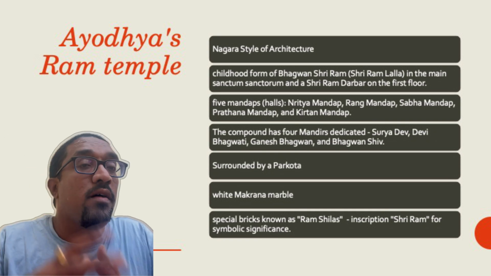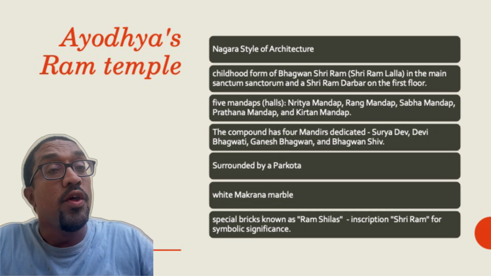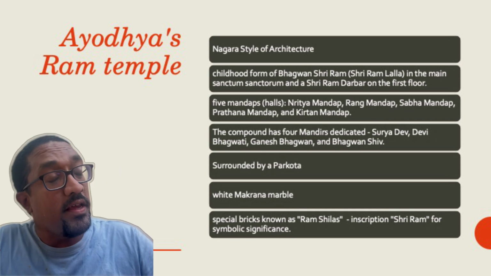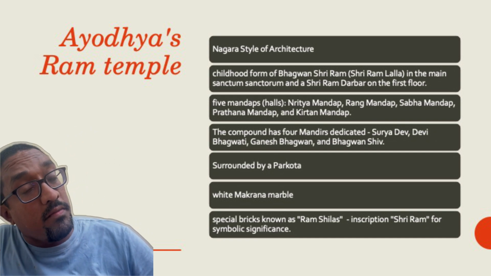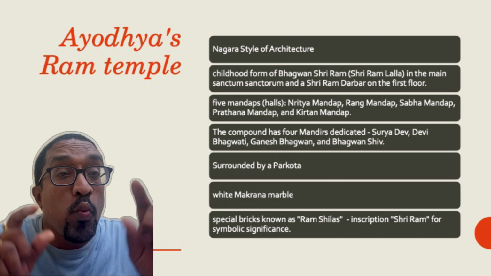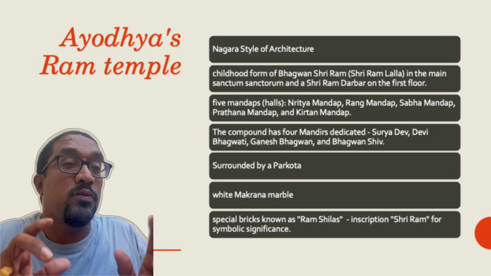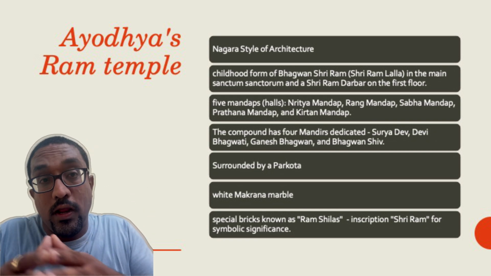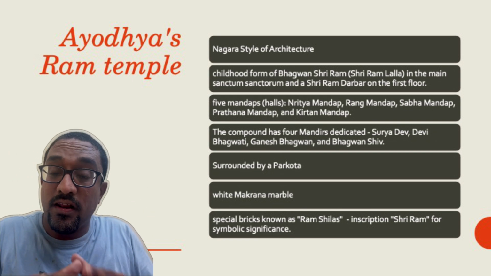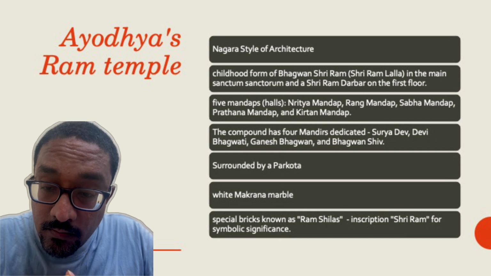There are 5 mandapas in this temple: the Nritya Mandapa, the Rang Mandapa, Sabha Mandapa, Prarthana Mandapa, and Kirtan Mandapa. The word Mandapa stands for a pillared hall, which has a specific purpose for a specific event in religious structures, particularly temples.